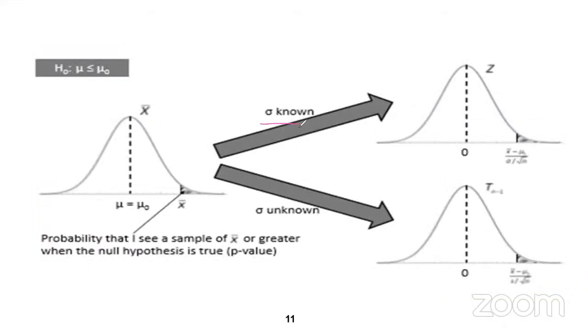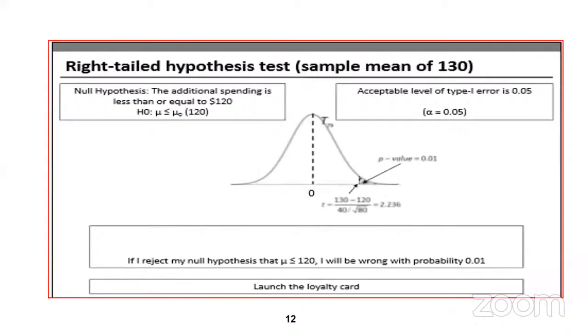So if sigma is known to us, we'll go for Z test. If sigma is not given, we'll go for t-test. That step we have already performed. After we get that critical value, here the same thing is mentioned: we have considered the null hypothesis, mean spent is less than or equal to $120. Alternate hypothesis, we'll consider that mean spent is greater than $120.